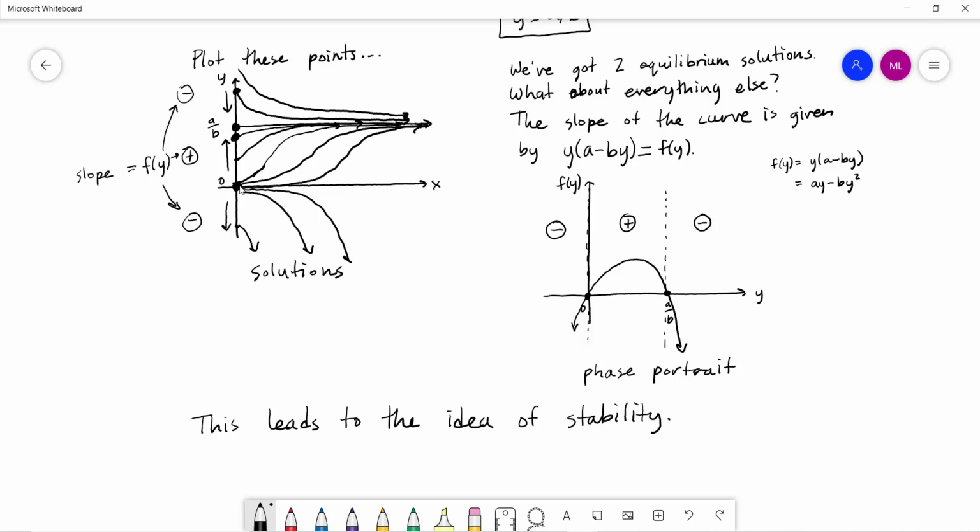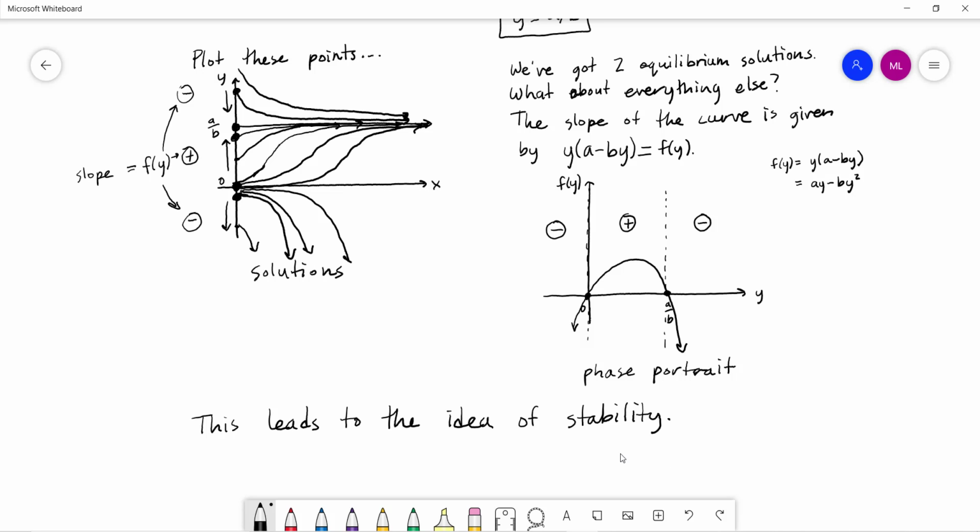On the other hand, I have a second critical point where every solution is kind of going away from that line. What would happen here if, instead of having my solution be right at the equilibrium point, I were to just nudge it ever so slightly off and start it right there instead? Well, it may start off staying kind of close to horizontal, but eventually it's going to take off and go negative and go way far away from this equilibrium solution.